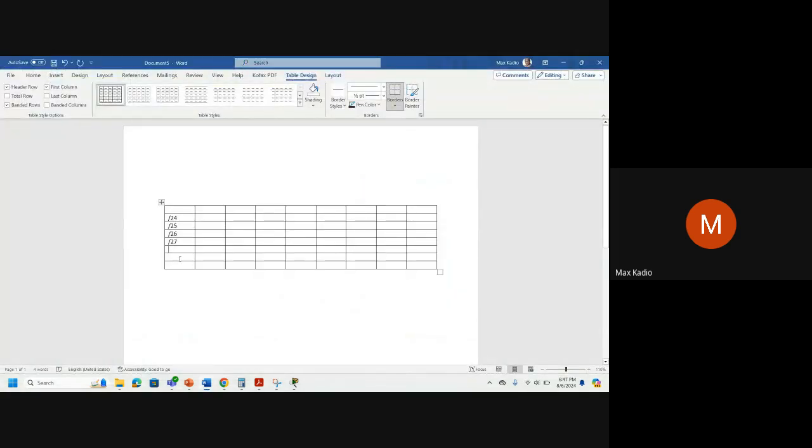Then /28, /29, /30. One second, I want to connect my charger.